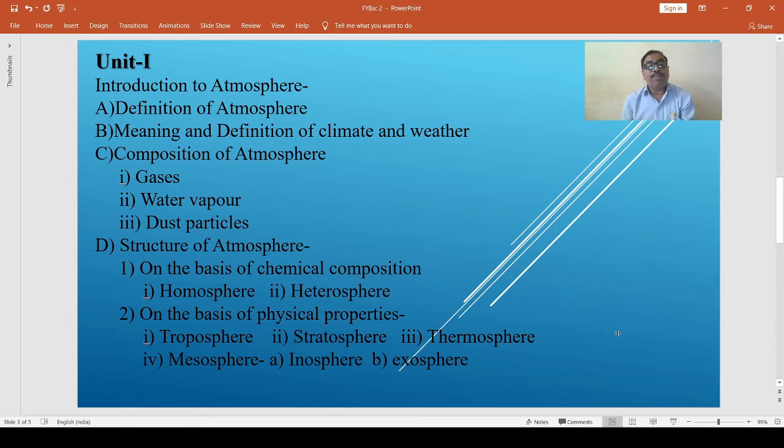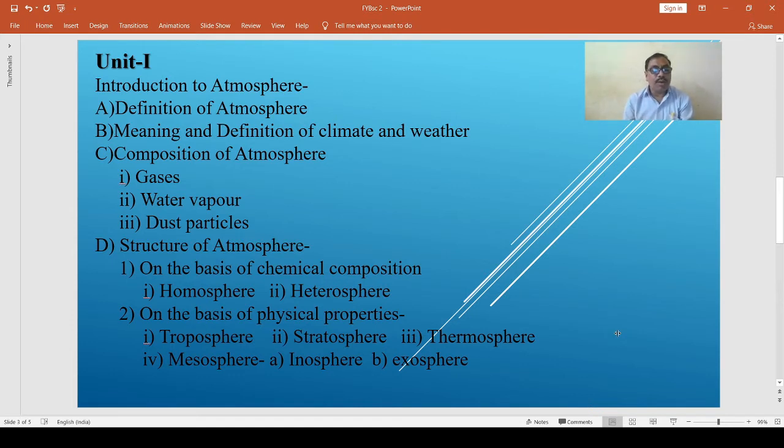The fourth unit of this paper contains humidity and applications of climatology. Definition of humidity and types of humidity are the sub-units, and the types of humidity to be studied are absolute humidity, relative humidity and specific humidity. Then we have to study forms of condensation. There are many forms of condensation.